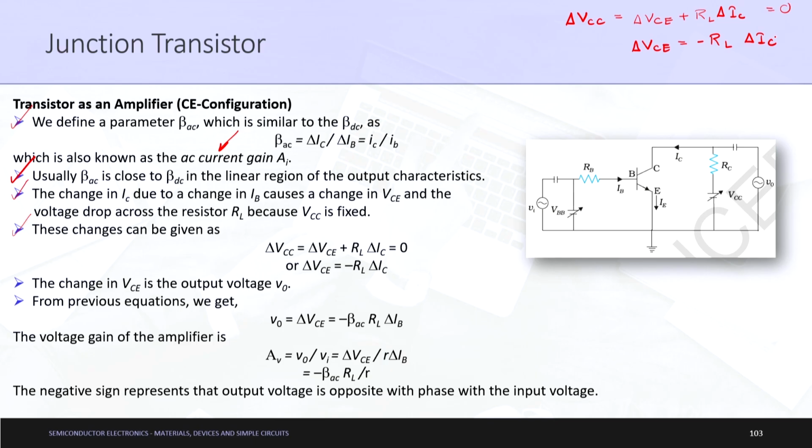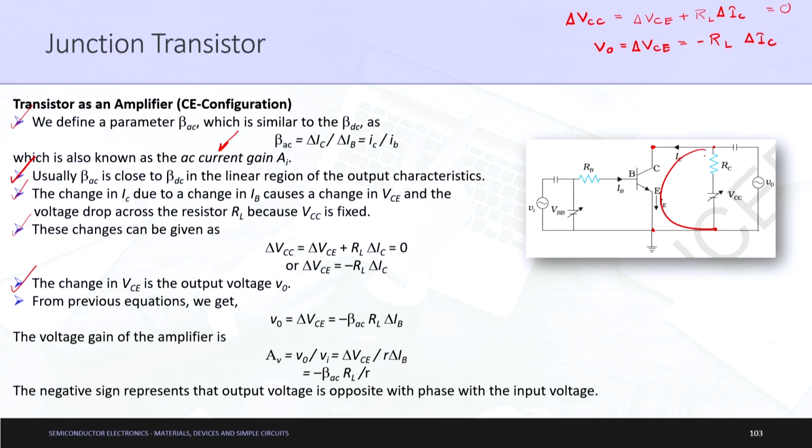Okay. Next thing is the change in the VCE is the output voltage V naught. So, therefore, what we can write? We can just write this simply as equal to V naught. This can be also obtained here as we know that the voltage difference across all these will be same.